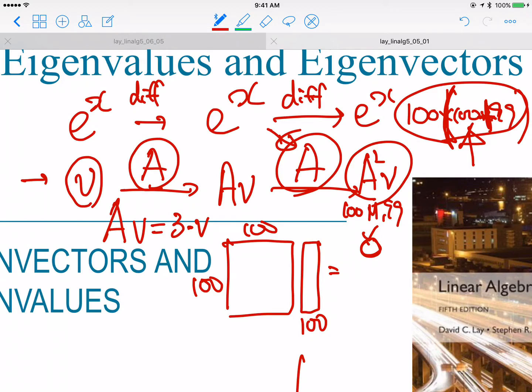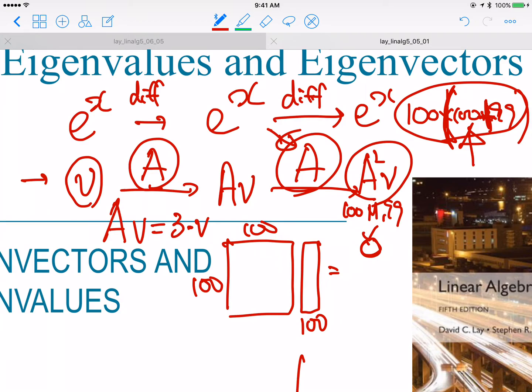So that means suppose you have a vector v and then you have some matrix A, and after multiplying A with this vector, the resulting vector will have a different direction and different length, right?